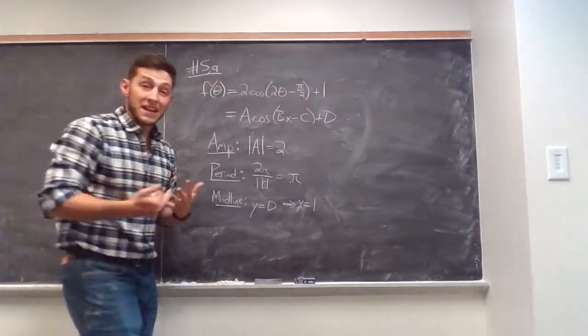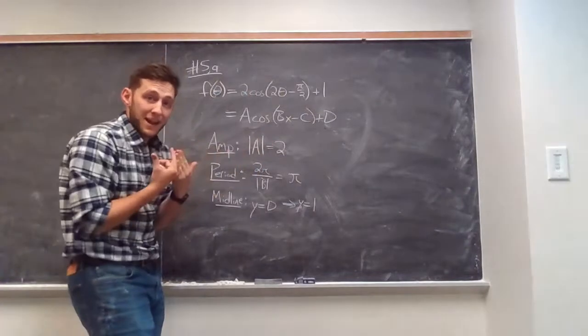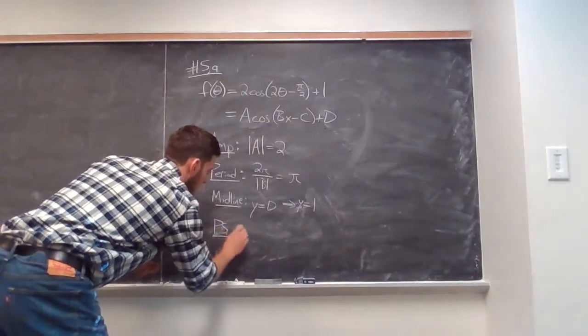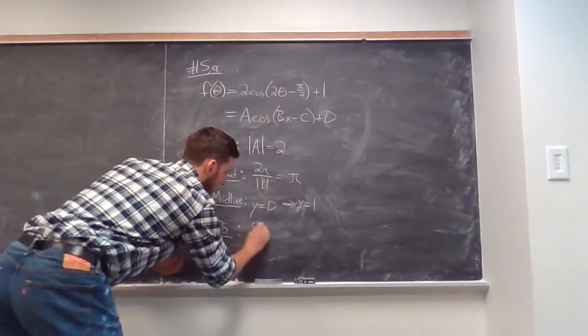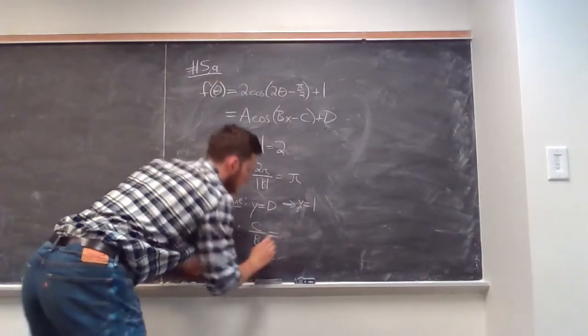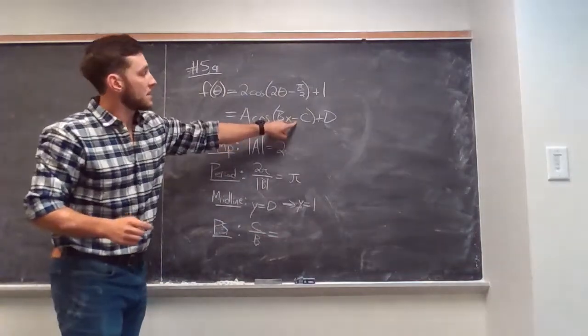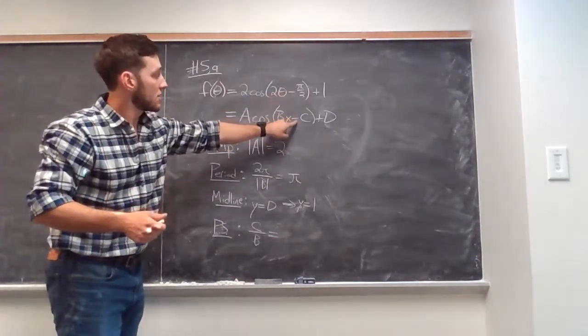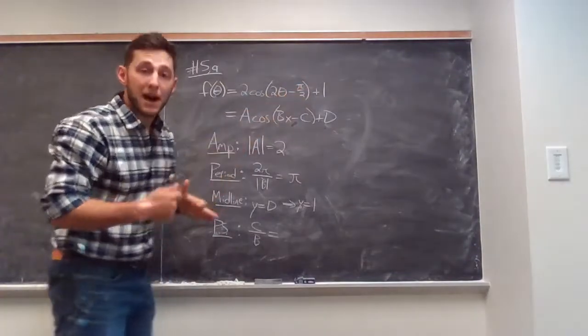Last but not least, the phase shift, meaning how far over to the right or left I moved, is given by c divided by b. In this case, notice the negative right here. The negative is meant to be there, so c is positive pi over 2.